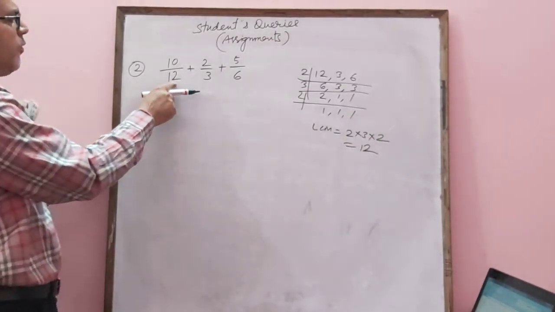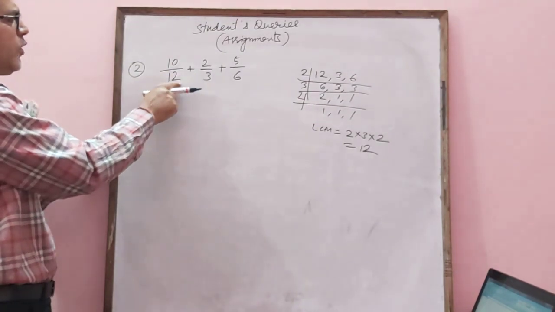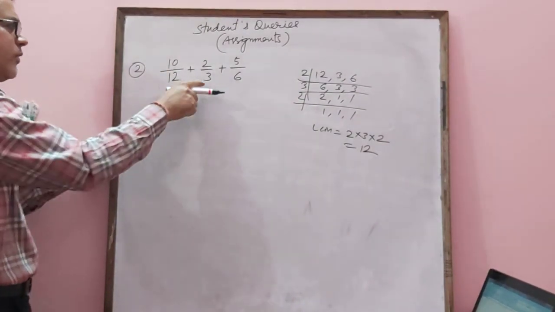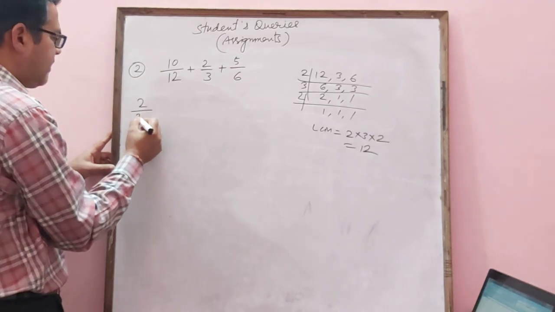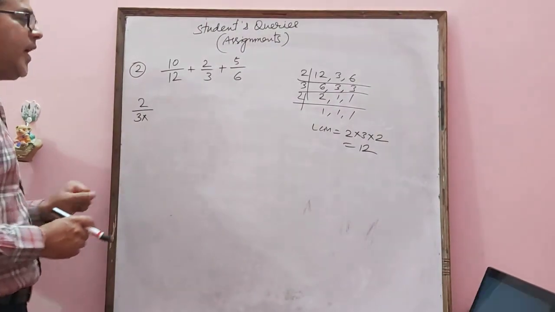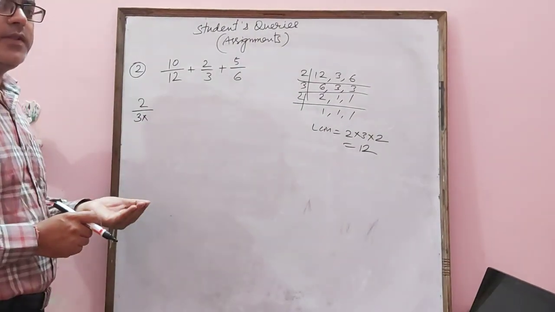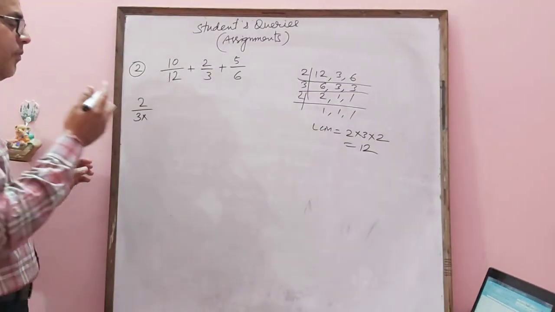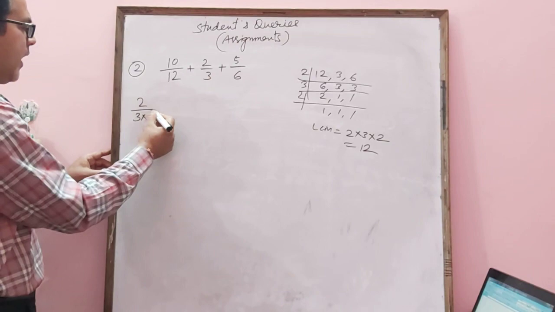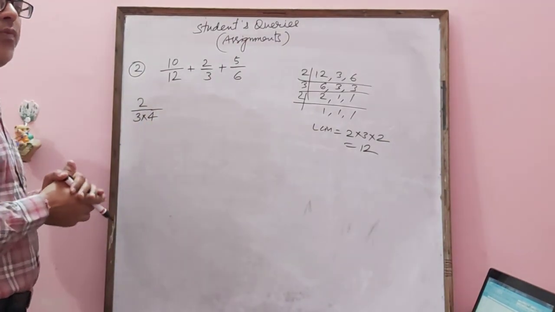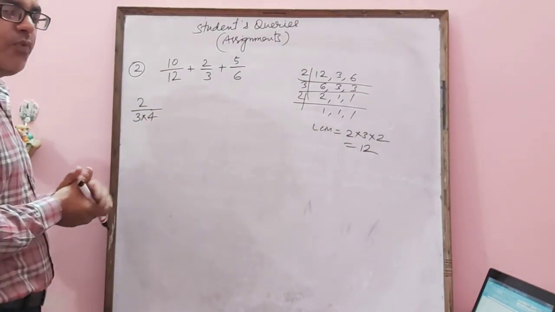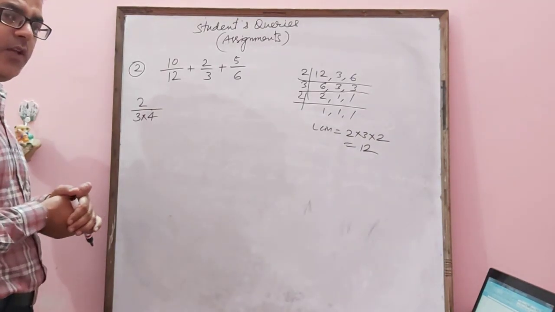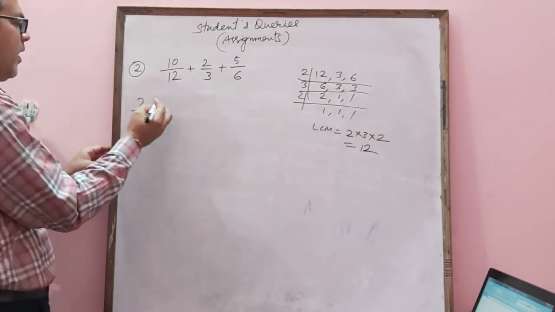First, we can see this is already 12. No need to change it. The second fraction is 2 by 3. Now we have to make this 3 as 12. How can we make it 12? If we multiply this 3 by 4, since we know that in the table of 3, the fourth time, 3 4s are 12. So we need to multiply by 4.